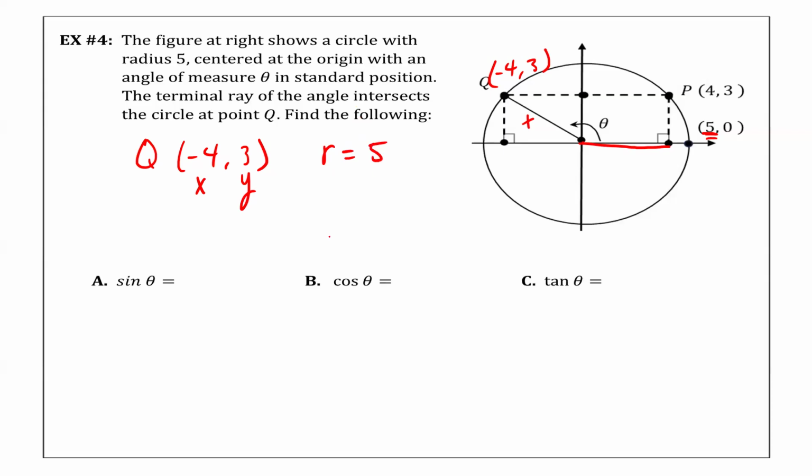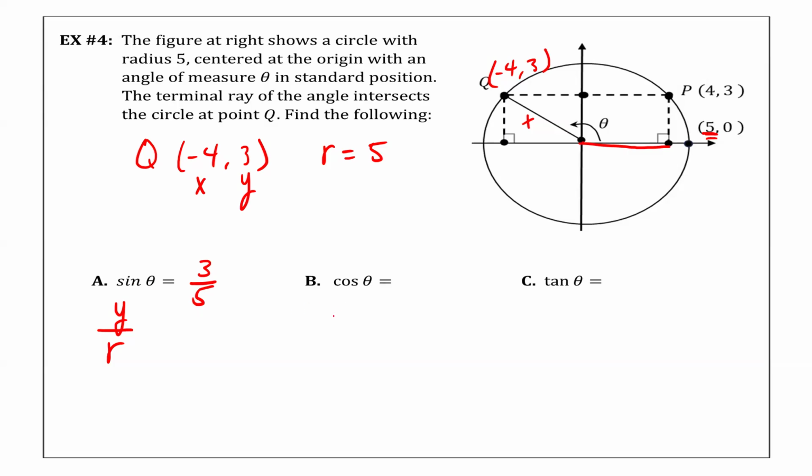Going back to the relationship between our coordinate plane and sine, cosine, and theta, sine is your y divided by your r. Do I have that information? It would be 3 over 5. So sine theta of this angle is 3 over 5.